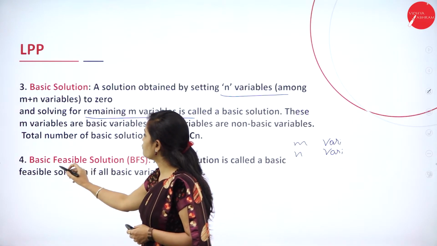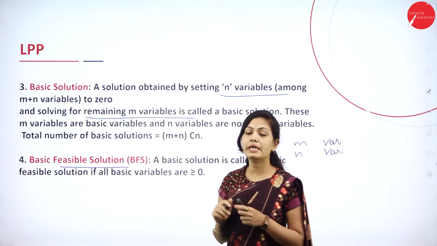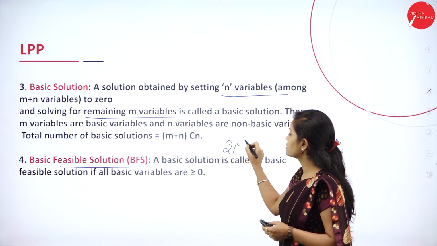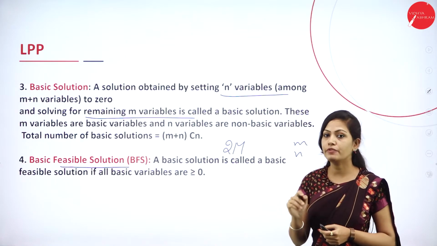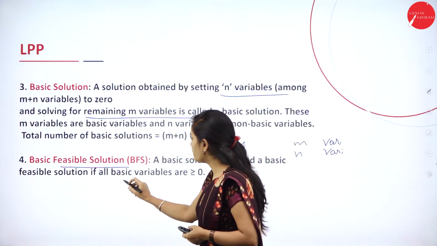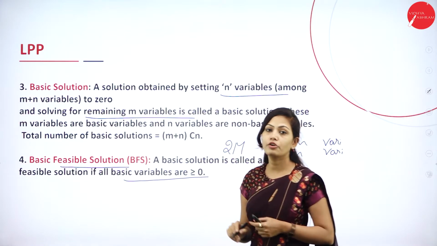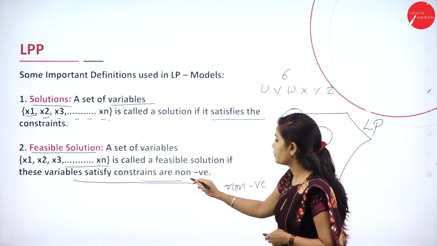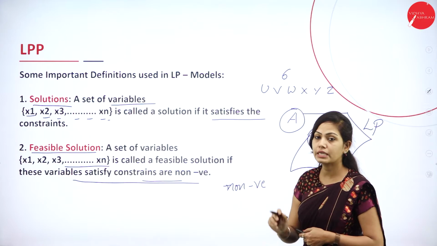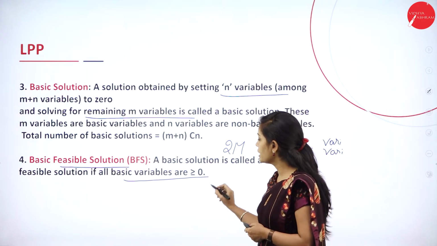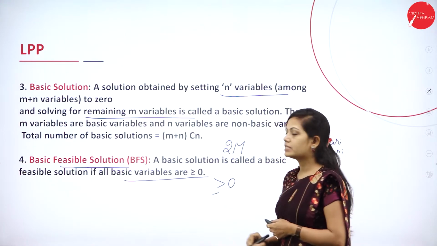And basic feasible solution is called BFS. Very important question for 2 marks: what is BFS? Basic feasible solution. A basic feasible solution is one in which all basic variables are greater than or equal to 0. I have already told you that it should be non-negative. All the constraints should be non-negative, that means all the basic variables are greater than or equal to 0.